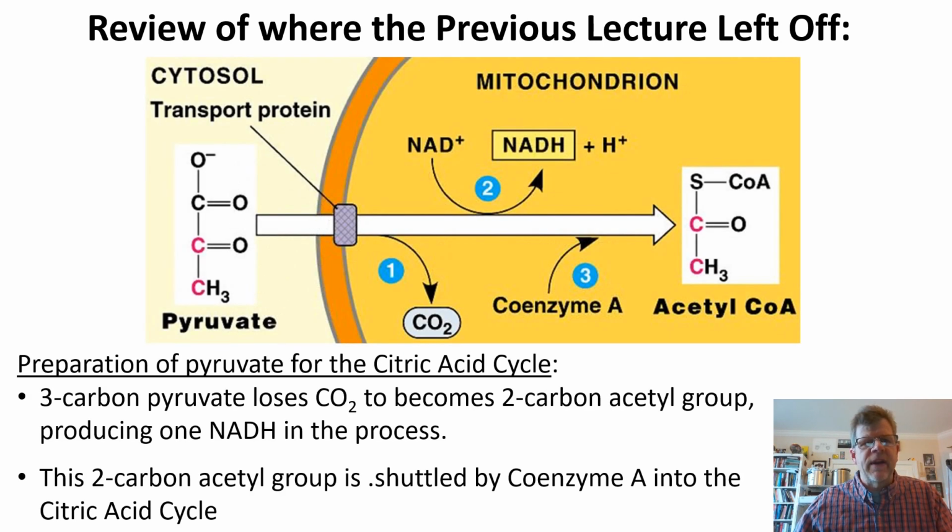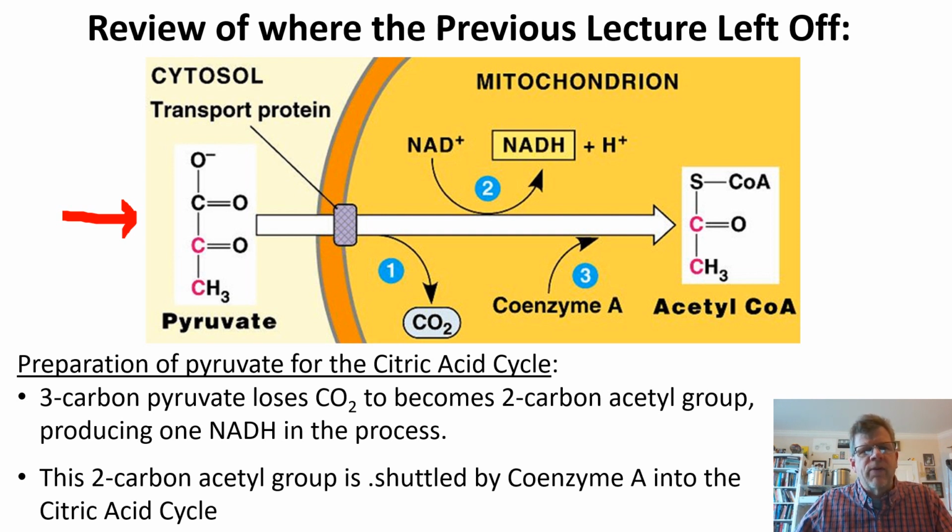Here, over on the left-hand side, is one of our 3-carbon pyruvates. Now remember that glycolysis takes place in the cytoplasm. It is not specified to any particular cell organelle. Now the citric acid cycle occurs within the mitochondrion, which is a specialized cell organelle that is a powerhouse of the cell, the producer of a lot of ATP.